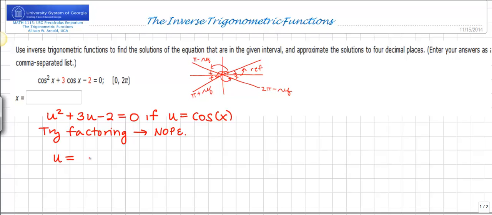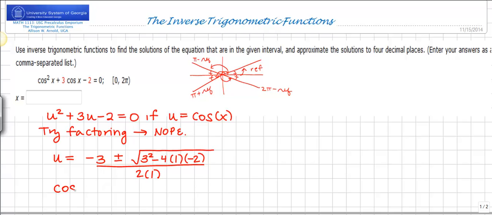So if you use the quadratic formula, which you could do regardless, your variable, the one your quadratic is in, is negative 3 plus or minus the square root of 3 squared minus 4 times a times c, all divided by twice a.